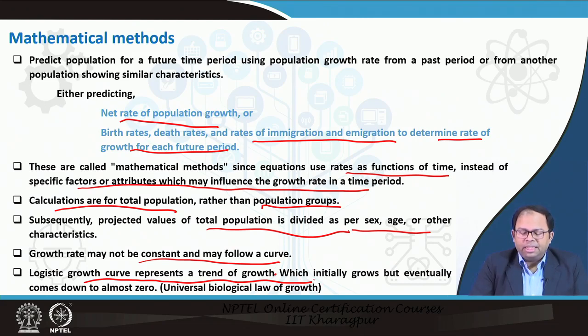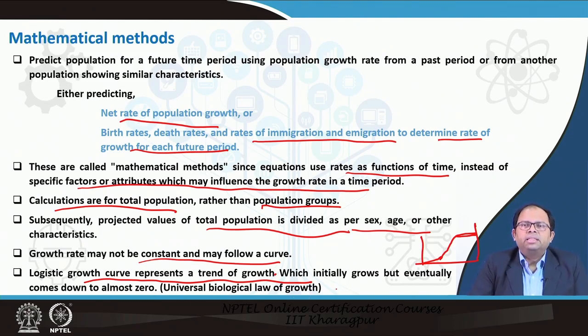In this logistic curve, initially the growth rate is low, then it picks up and then again it stabilizes and almost becomes 0, there is no further growth. So, this follows the universal biological law of growth.